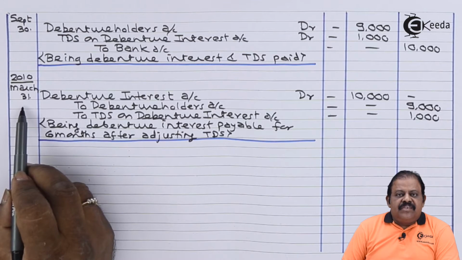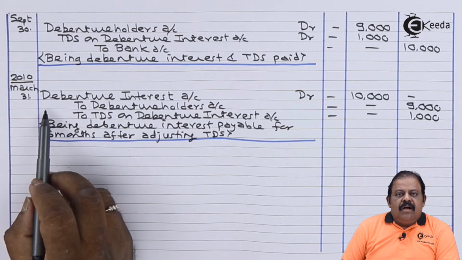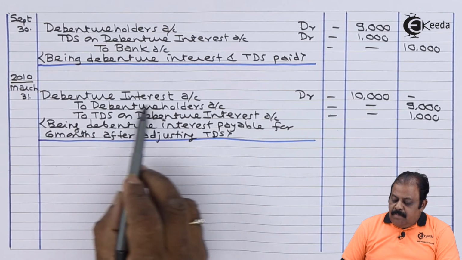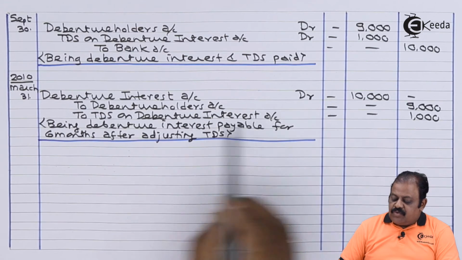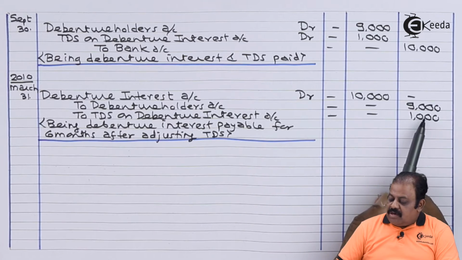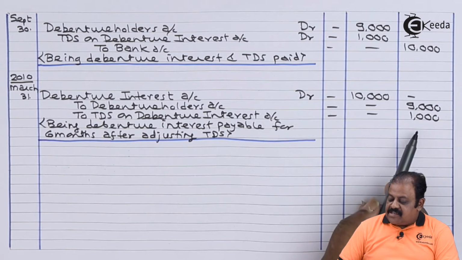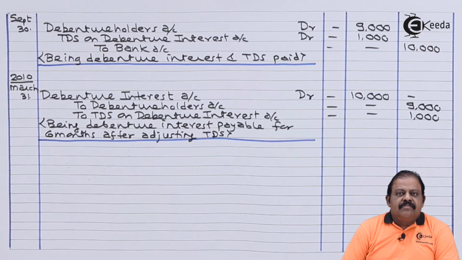2010 March 31st at year end. Again, half yearly interest becomes due. Debenture interest account debit 10,000 to debenture holders 9,000 to TDS on debenture interest 1,000. This amount will be paid to debenture holders. That will be our next entry.